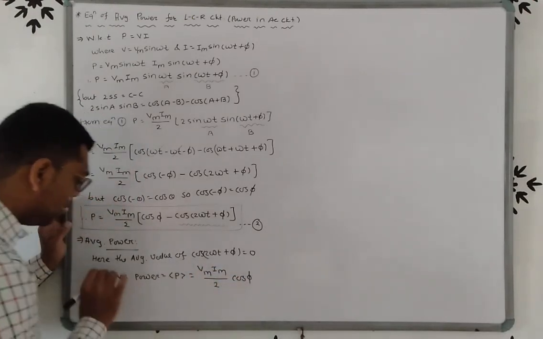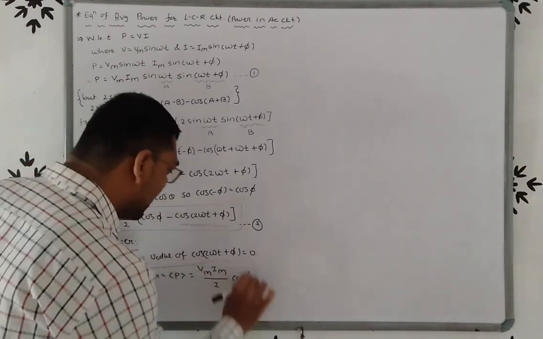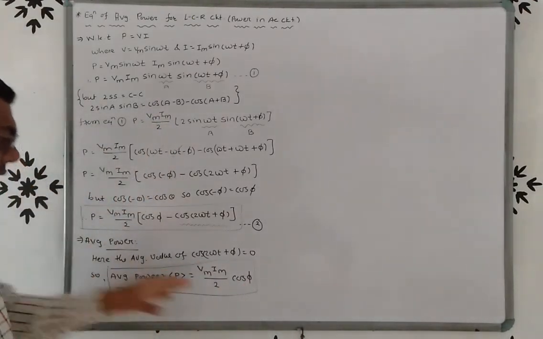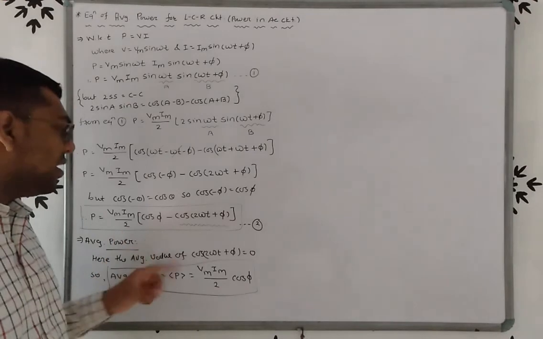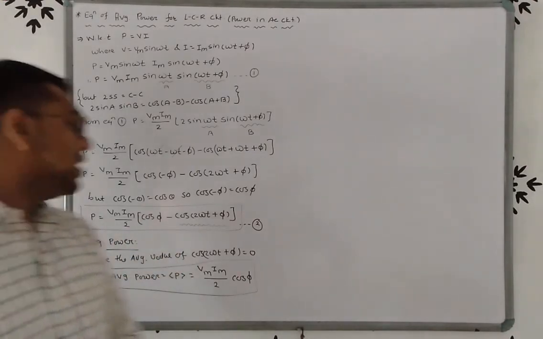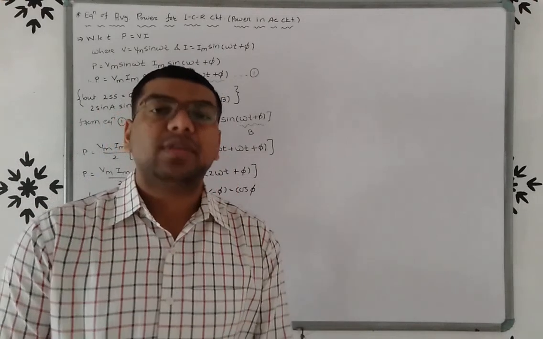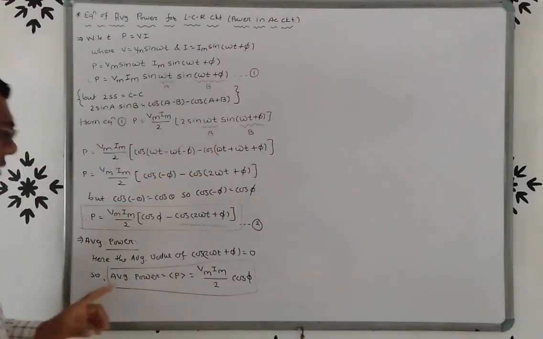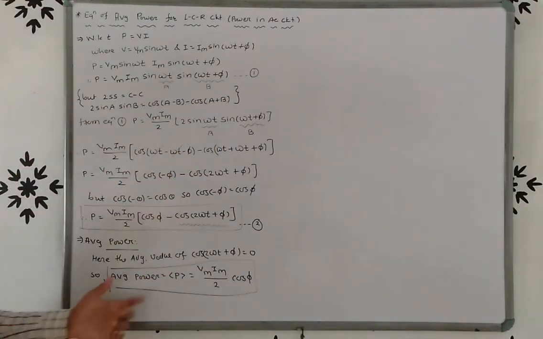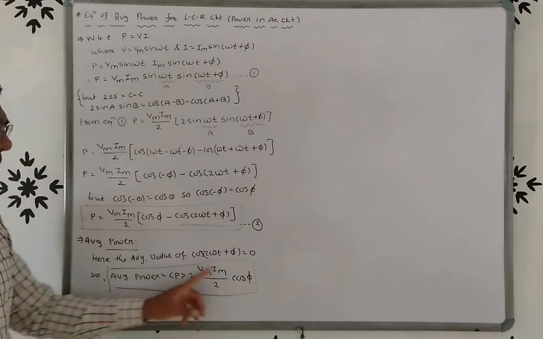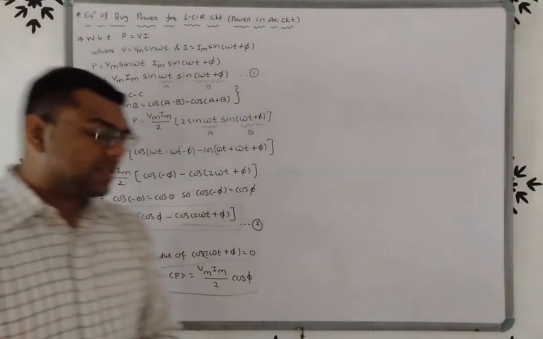So the equation of average power is like this: Vm Im by 2 cos phi. Why? Because here the average value of cos 2 omega t plus phi is equal to 0. You have to remember, right? So the average value of power is equal to Vm Im by 2 cos phi.